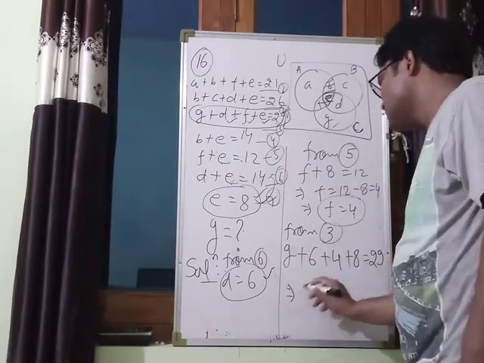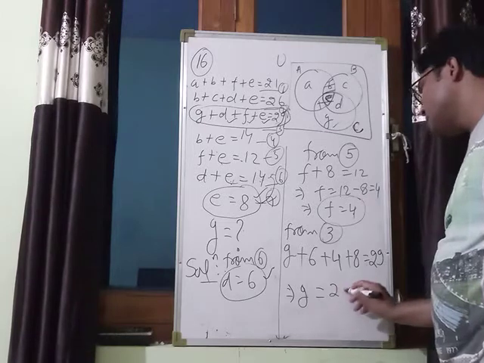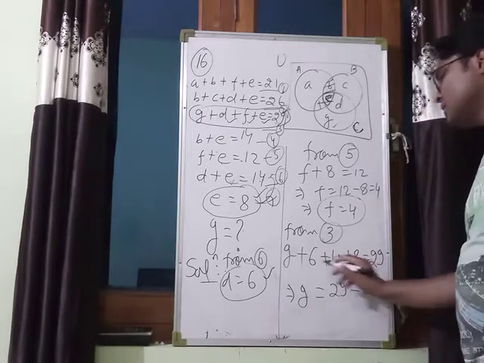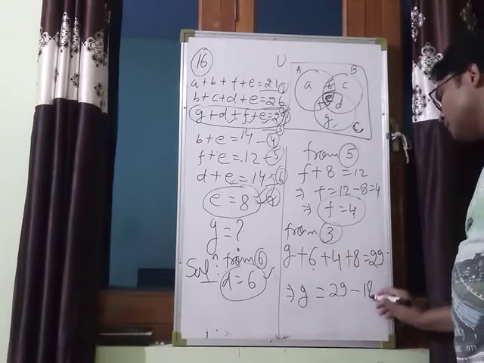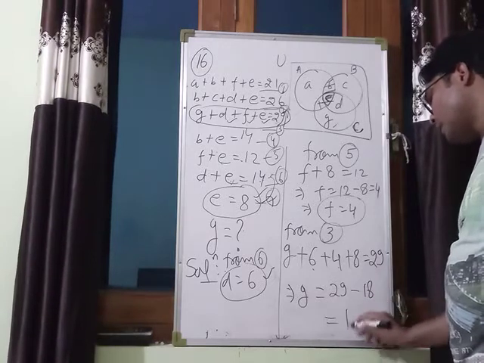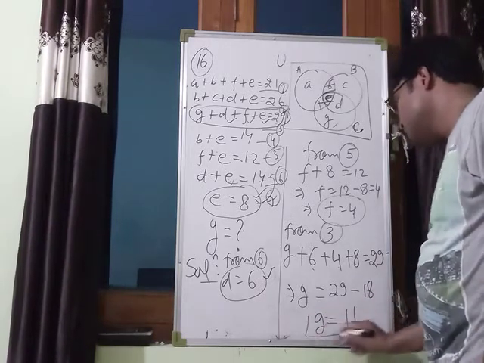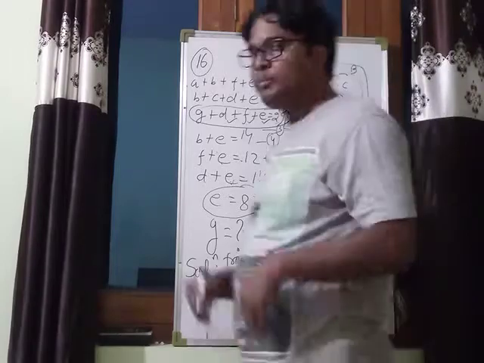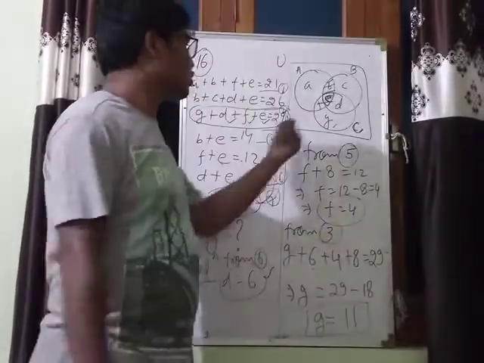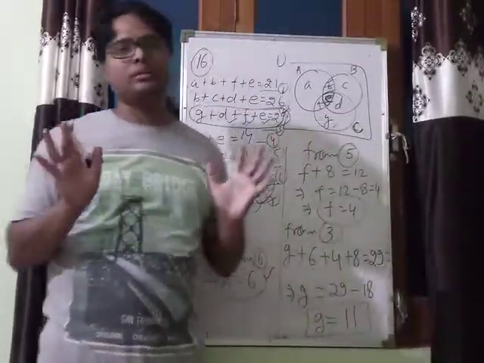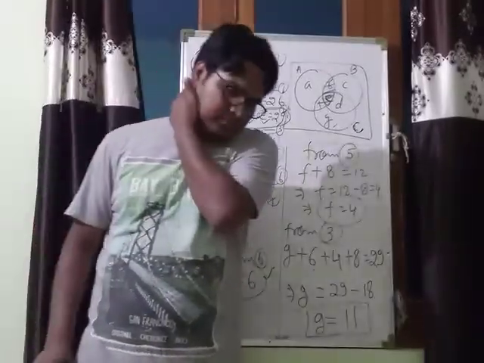So G is equal to 29 minus the sum of all this, 6 plus 4 is 10, plus 8 is 18. That is 11. So G is 11. It means 11 people like product C only.